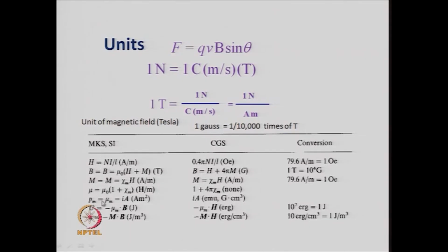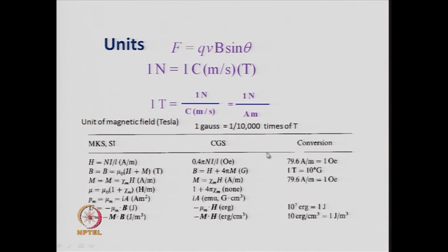These are different quantities given in the SI unit or the MKS unit, and also in CGS units, and the conversions are sometimes not very simple, and you need to understand the differences in the two systems of units.